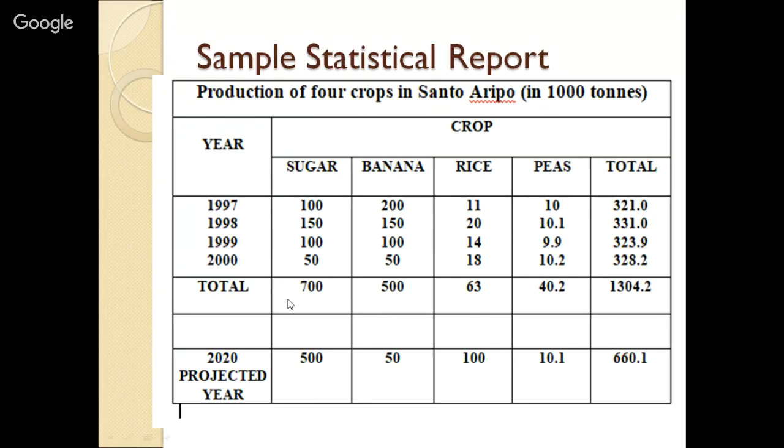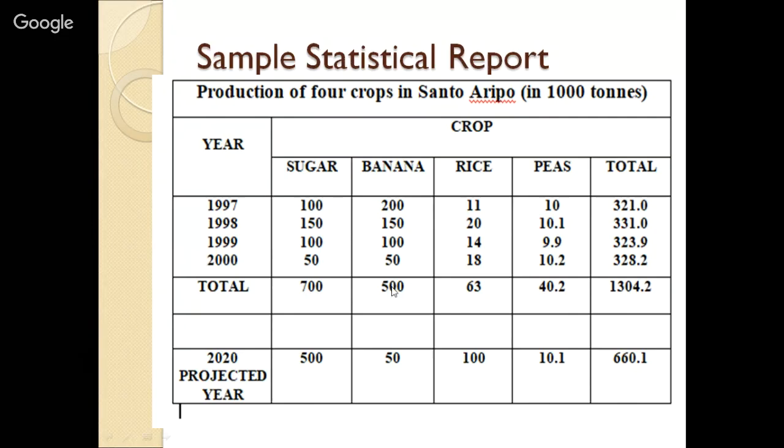Now, when you look at the totals column, we look here for the total of the crops. We see that sugar was the leader, the largest produced crop was sugar.